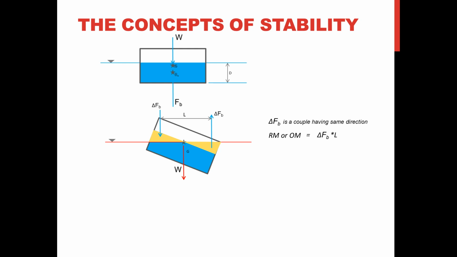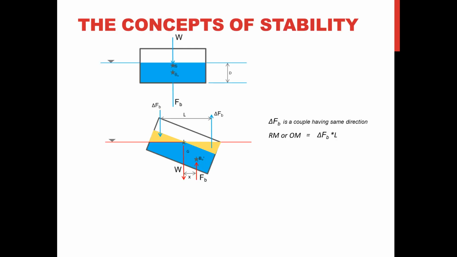This will be equal to delta buoyant force times L. Because of this additional volume and deductive volume, of course, our BO will shift sidewise, and we'll have a distance x.